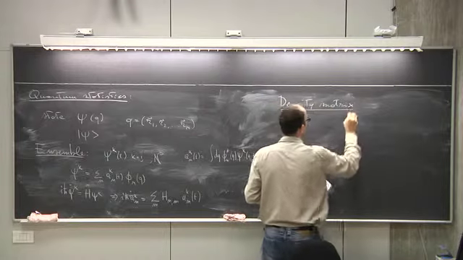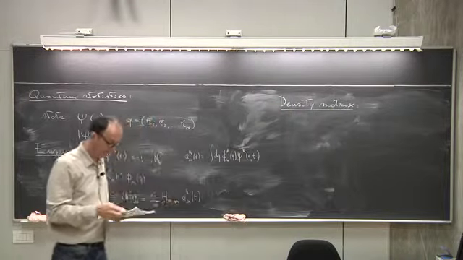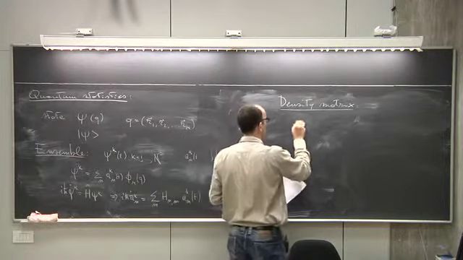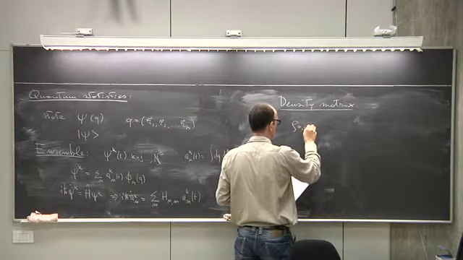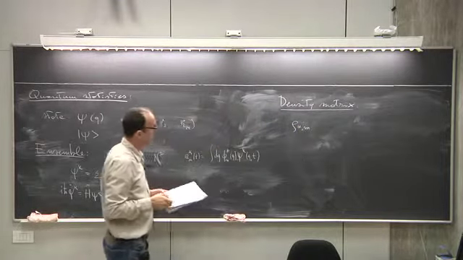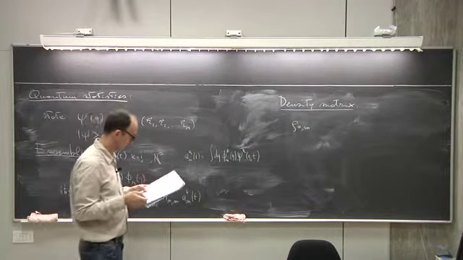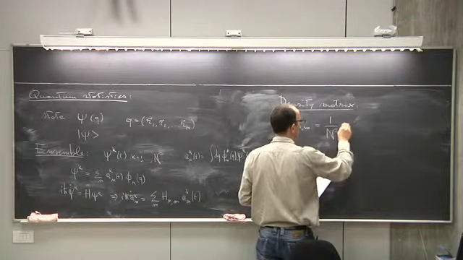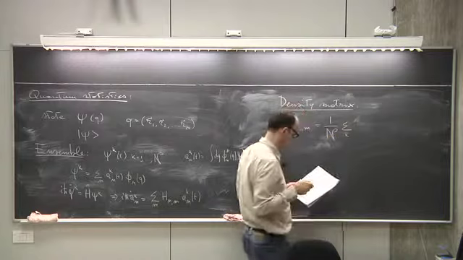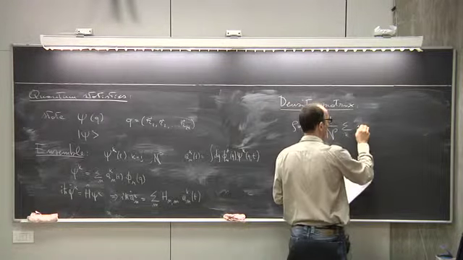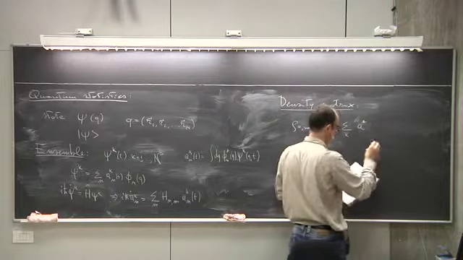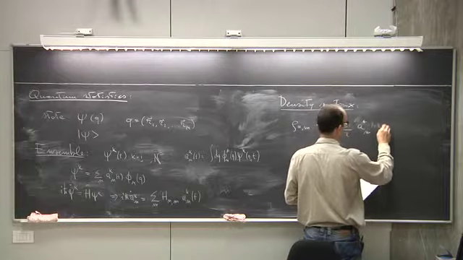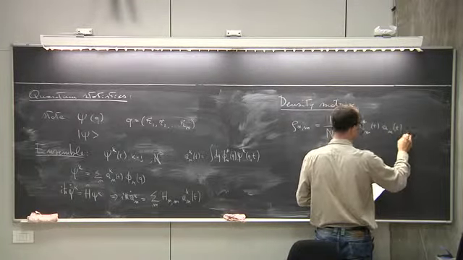The density matrix is an operator, and the matrix elements of this operator are equal to an average over the ensemble, the sum over the copies of my ensemble, of a_m star of t times a_n of t.